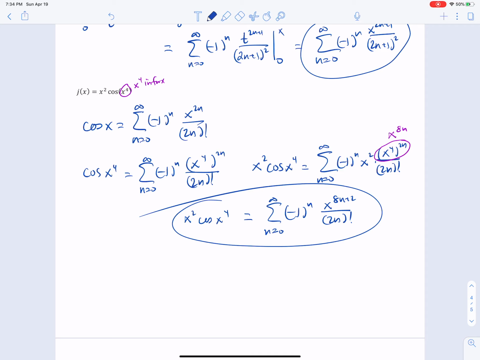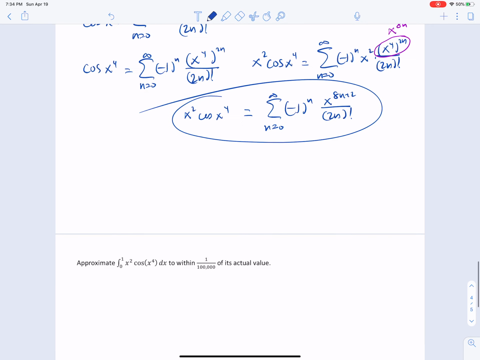And now our final example is going to involve the alternating series remainder estimate. We're going to take the function that we just found the power series expansion for, and we want to approximate the integral between 0 and 1 of that function to within 1/100,000th of its actual value. So let's take a look at that.